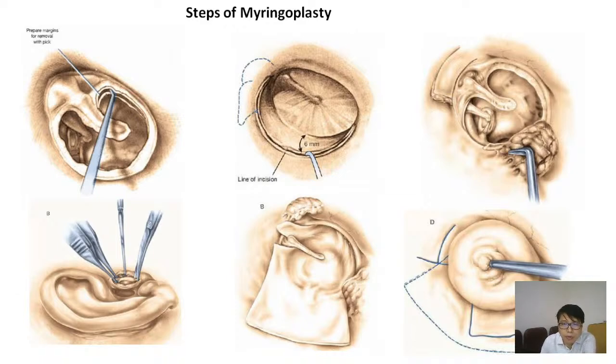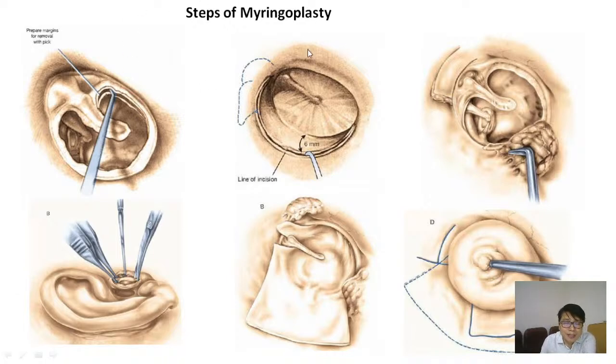The graft can be taken from different areas. Most commonly we use the temporalis fascia, which we can harvest around the ear. The second is tragal perichondrium. Another graft described is a vein graft. The two most common grafts used are temporalis fascia and tragal perichondrium.